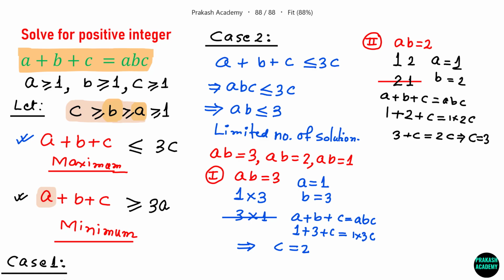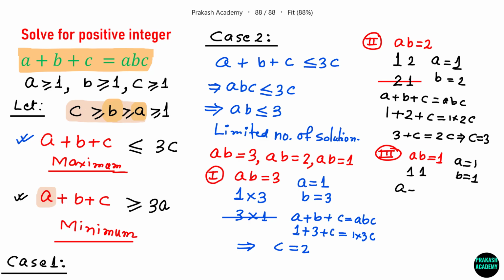Now let us consider the third case, that is the product is 1. That is A times B equals 1. This is possible only if A is 1 and B is also 1. So I have A equals 1 and B equals 1.